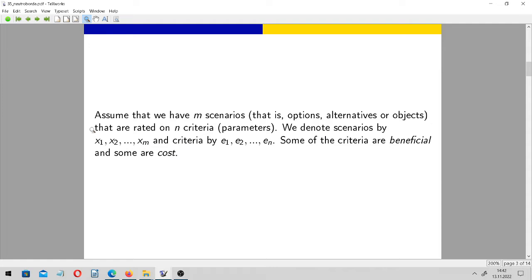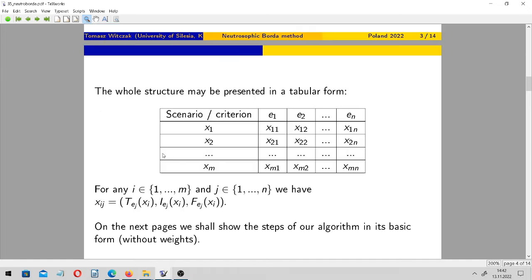So scenarios are x1 to xm, and criteria are e1, e2, and finally en. Some of these criteria are beneficial, so bigger values are better, and some are cost. It means that lower values, like lower price, are better.